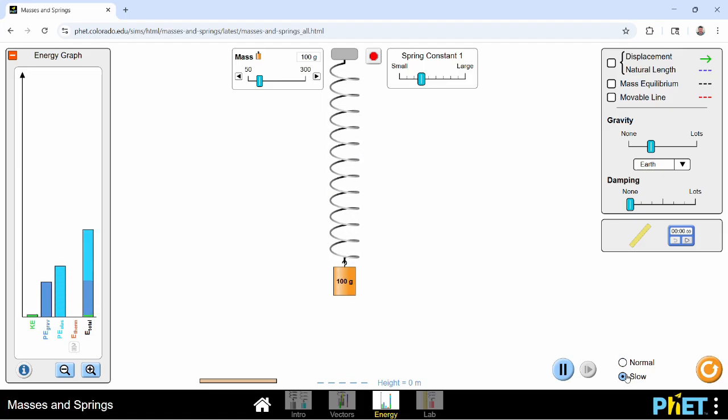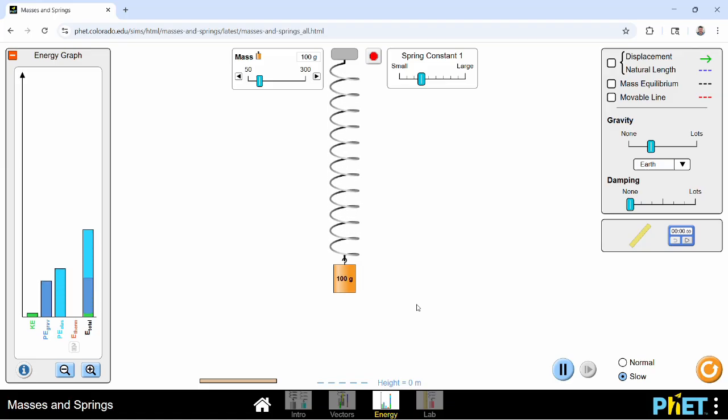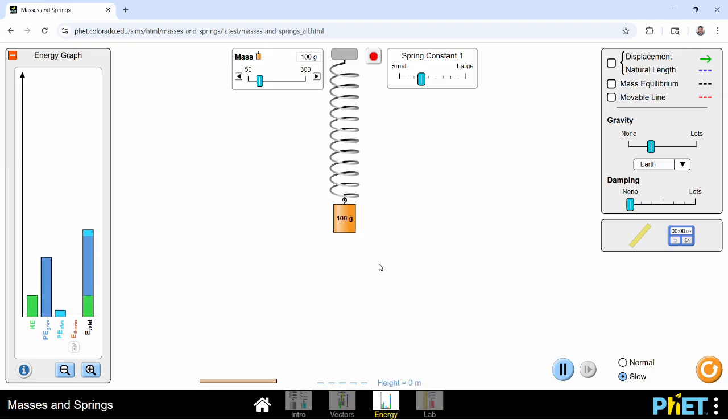So in that world where you only have conservative forces, mechanical energy is conserved, and that's what you are seeing here.